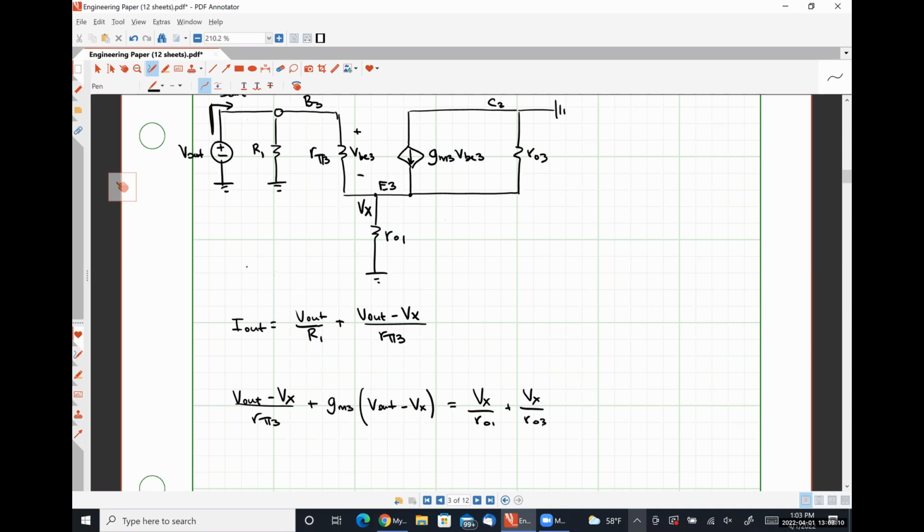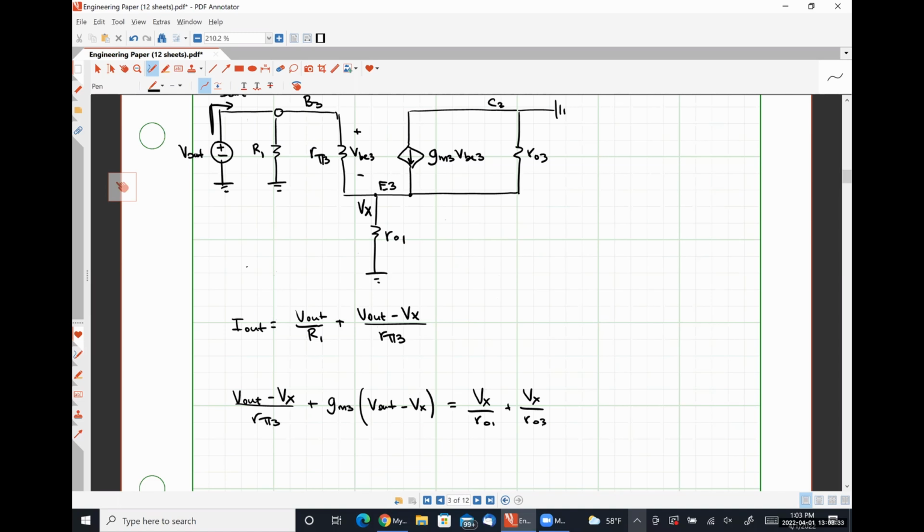This equation right here is useful because the only quantities that it has are V out and Vx, so I can get a direct relationship between V out and Vx, which I can substitute into this one, so I will have I out only in terms of V out, which is exactly what I'm looking for for my output resistance. So I'm fumbling my way through what I need to make this work.